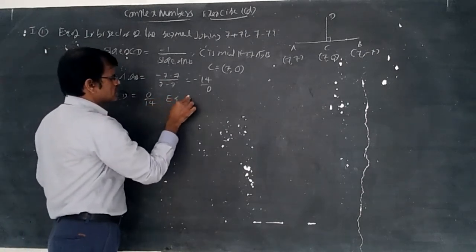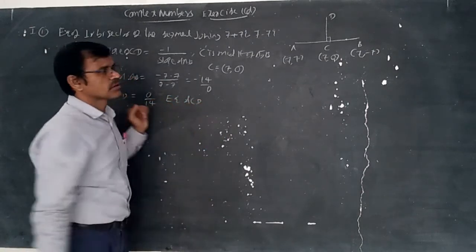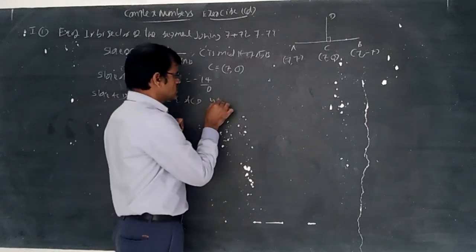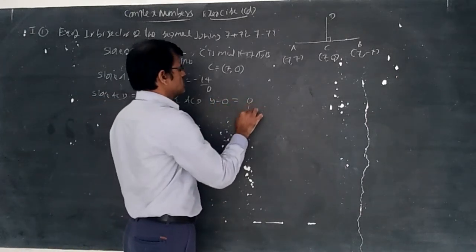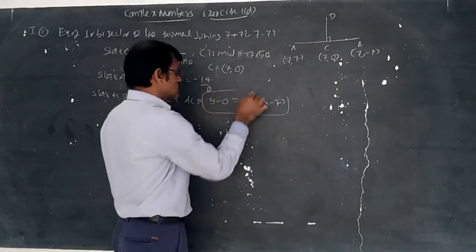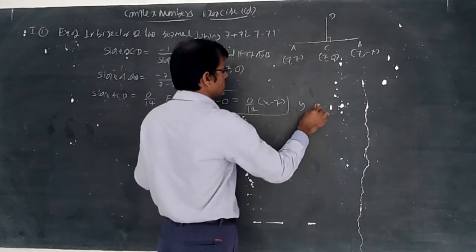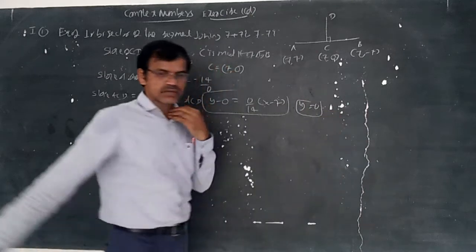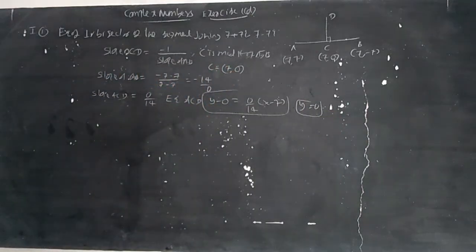The equation of CD is nothing but the equation of the perpendicular bisector. So y minus 0 is equal to 0 by 14 into (x minus 7). Simply it is y equal to 0, which is the x axis. This is an important 2 marks question.